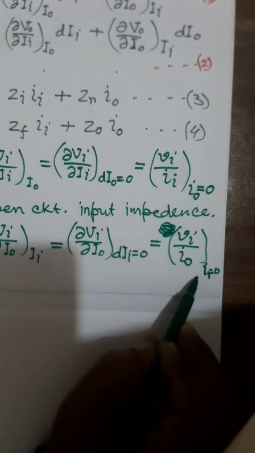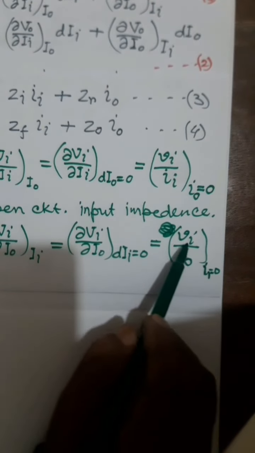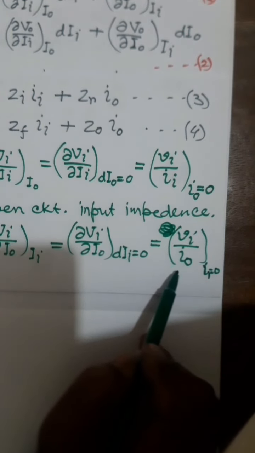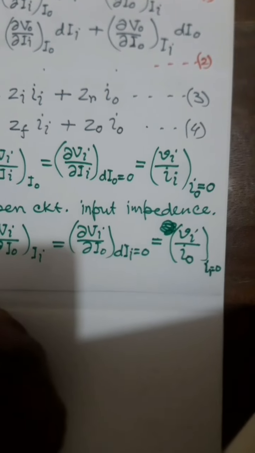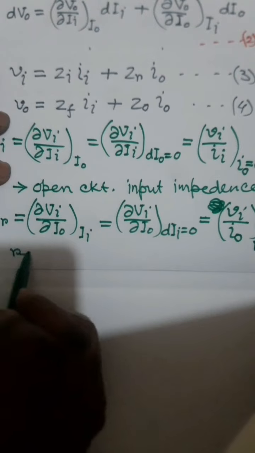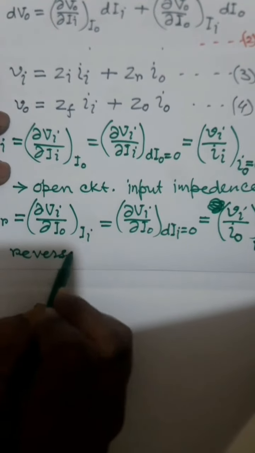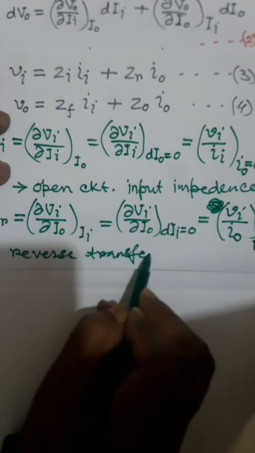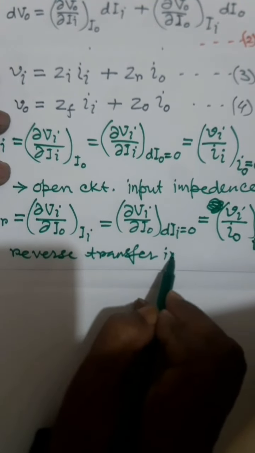Here the input circuit is open and it is called reverse transfer impedance. Zr is called reverse transfer impedance.